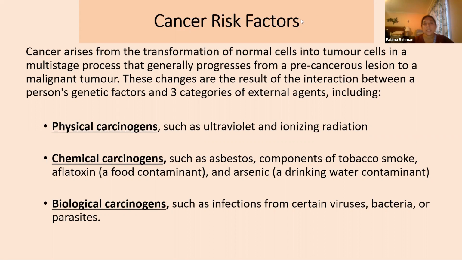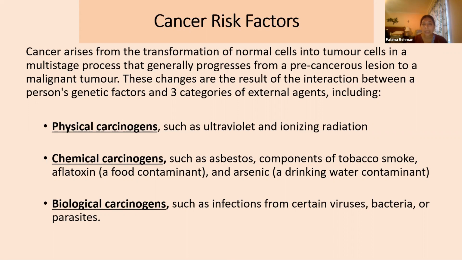Now, physical carcinogens are things that can directly break down the DNA and cause a mutation in the DNA itself. Examples would be UV or ionizing radiation that cause double strand or single strand breaks in the double helix. Chemical carcinogens are carcinogens where either they themselves or a byproduct of those compounds can then cause damage to the DNA and lead to mutations over time.